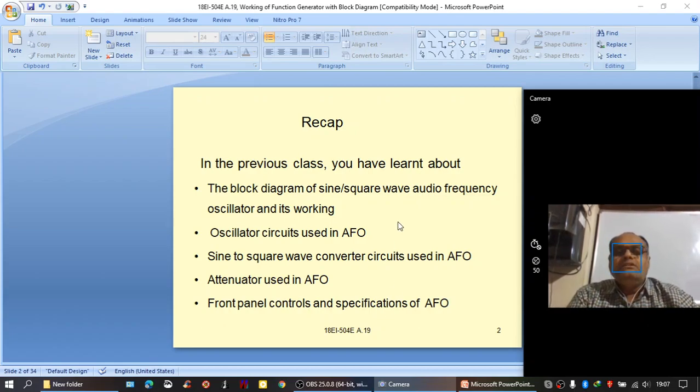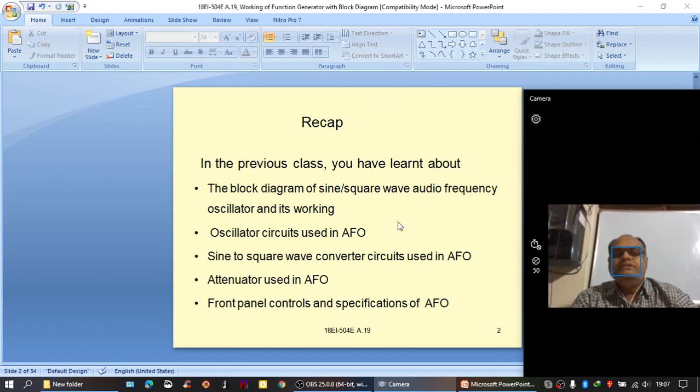The basic block diagram of a sine or square wave audio frequency oscillator consists of a sine wave oscillator, then sine to square wave converter, attenuator, and the function switch.